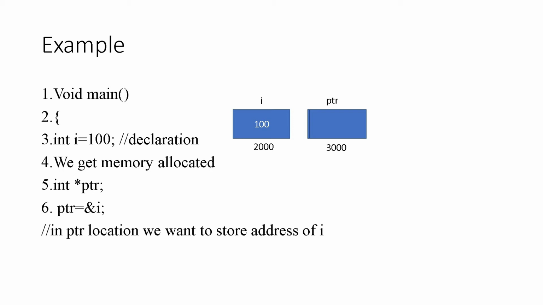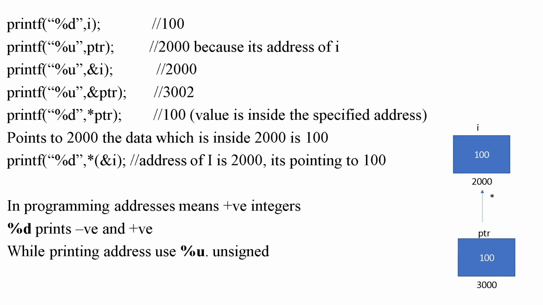Next, let us start printing and see what it is going to print. It is just a basic example to make you understand. Printf %d I. This is simple. We are printing 100, the value of I. Next, printf %u ptr.